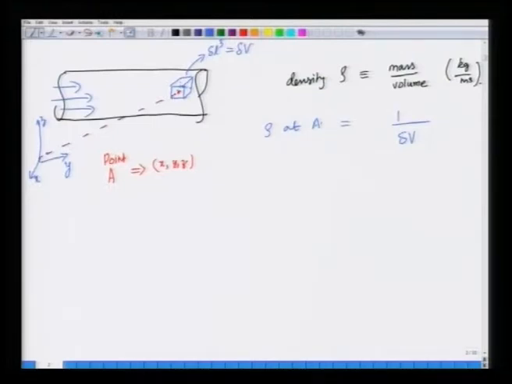You will count the number of molecules, let us call it capital N, times the mass of each molecule. So, this is the molecular mass, and this is the total number of molecules in that volume.